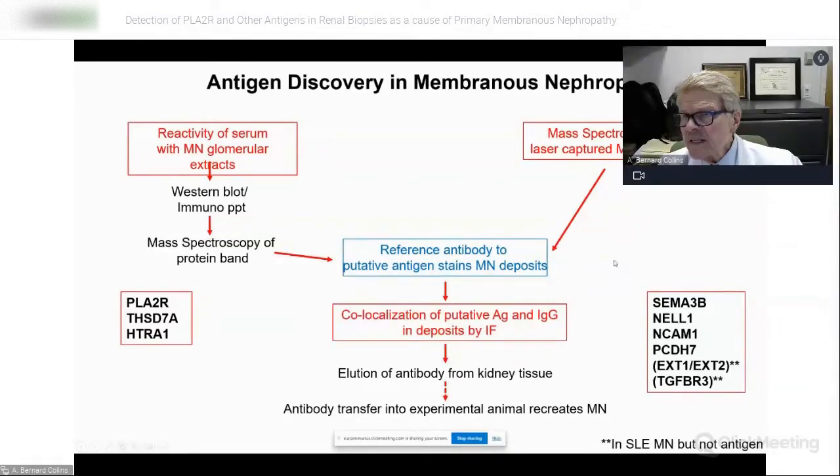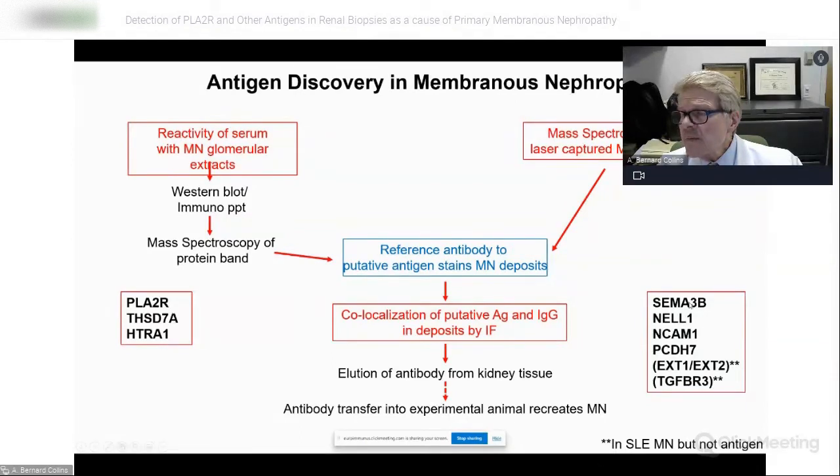And by identifying the antigen, then you're able to use a reference antibody to stain the putative antigen in the membranous deposits. And then you can also look at the colocalization of the putative antigen and IgG and the deposits by IF. You can also elute antibody from the kidney tissue and antibody transfer into experimental animals to recreate membranous.